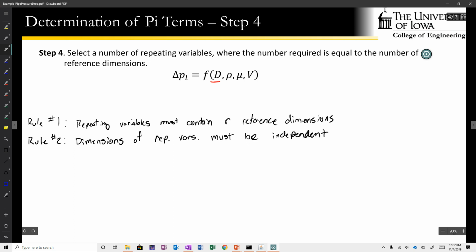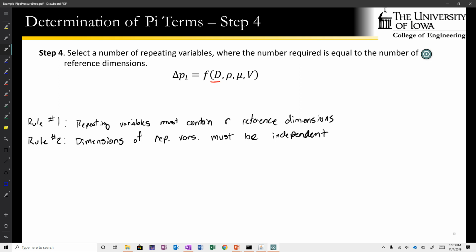What I mean by this is, since we picked diameter as one of our repeating variables, we can't pick any others that simply have length as a dimensional description. We have to have something that contains something besides length as well. So in a perfect world, if we had one that was simply length, another one that was simply mass, and another one that was simply time, we would just pick those three, and this process would be super easy.